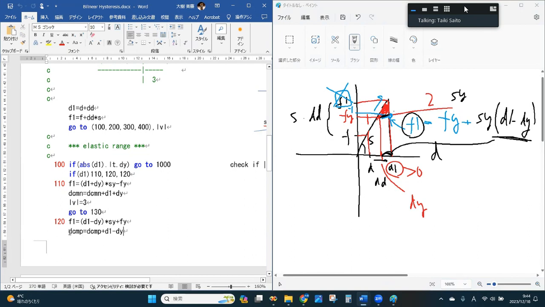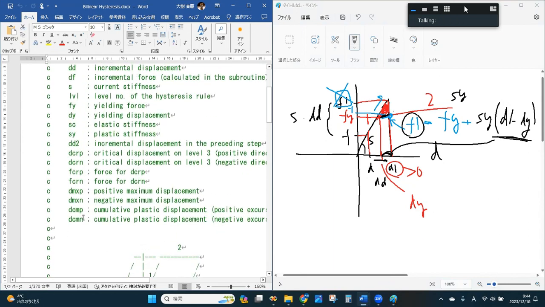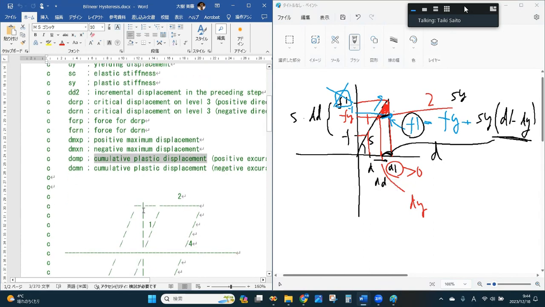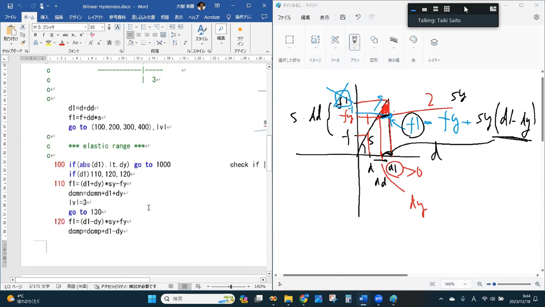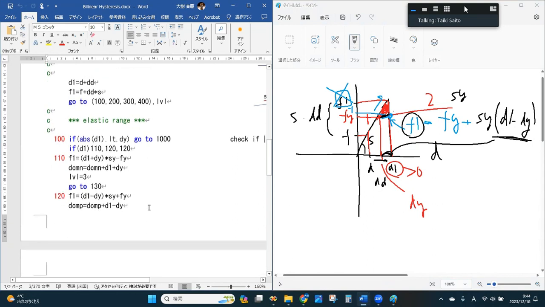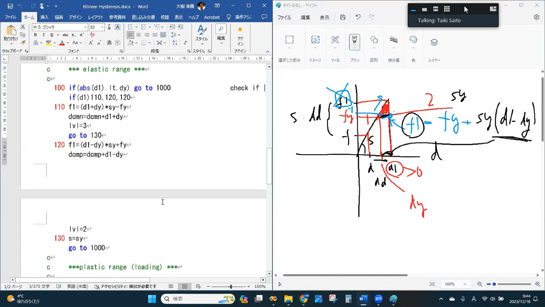And the DCMP, what is DCMP? This is cumulative plastic deformation. Sometimes we need this value to calculate some kind of fatigue.